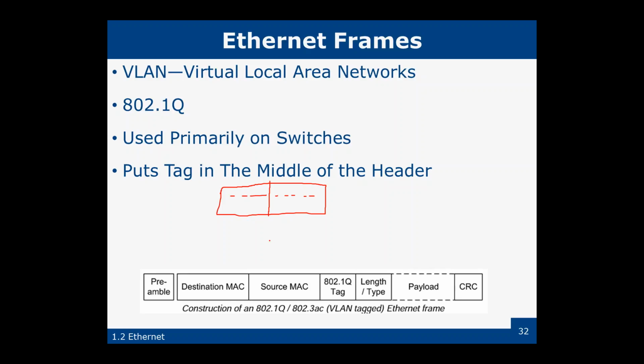And if we do that, we're going to have a router in here to connect the different VLANs, because these are virtual, but they are actually still separate LAN networks.